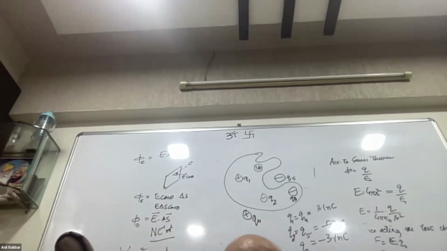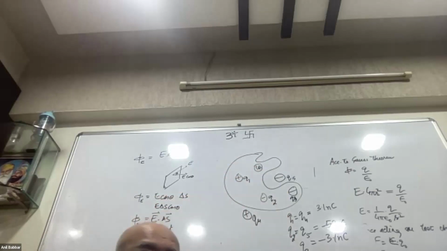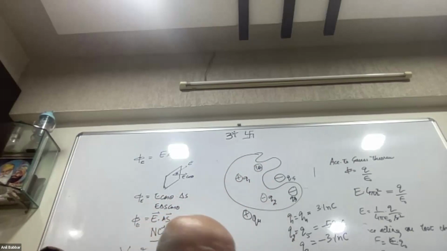Now, by solving it, we can easily get the answer, which will come out to be minus 666.67 Newton per coulomb meter square. Second answer.